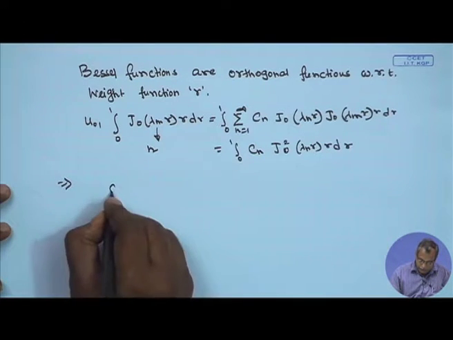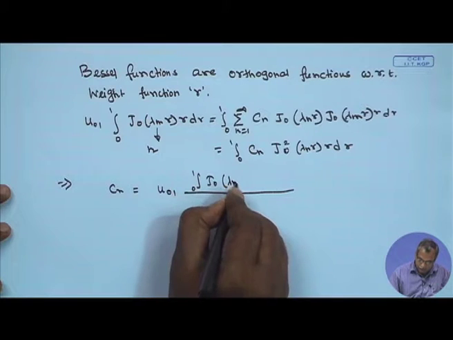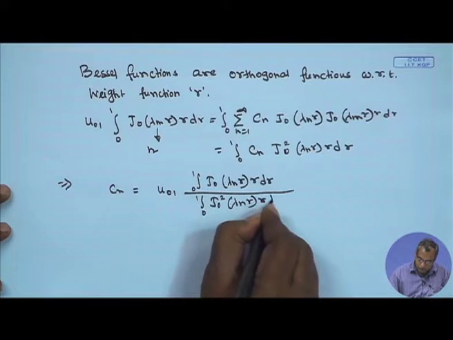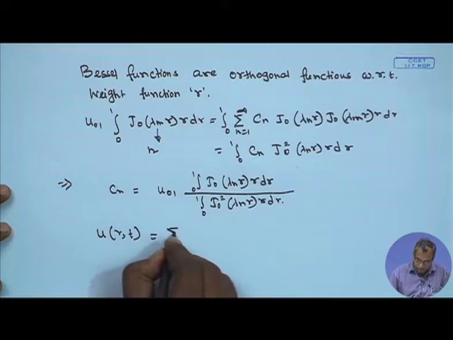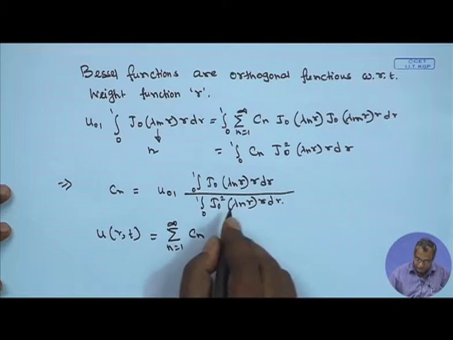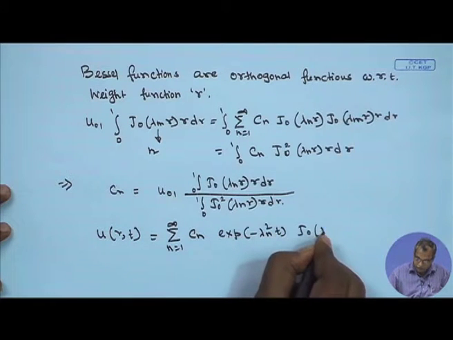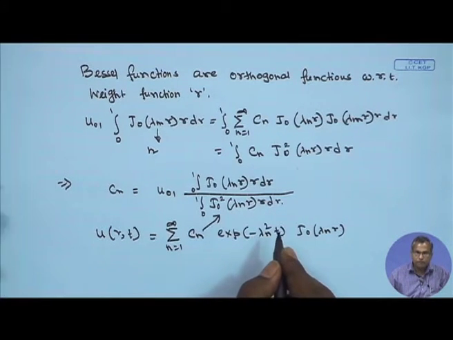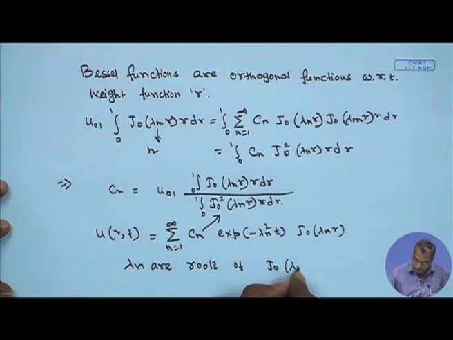So, we can get the expression of Cn as u naught times the integral from 0 to 1 of J0(lambda n r) r dr, divided by the integral from 0 to 1 of J0 square(lambda n r) r dr. Once we get that, we get the complete solution of u as a function of r and t as the summation of n is equal to 1 to infinity of Cn exponential of minus lambda n square t, J0(lambda n r), where Cn is obtained from this expression, by evaluating these integrals either using Simpson's rule or the trapezoidal rule, and lambda n are the roots of the transcendental equation J0(lambda n) is equal to 0.